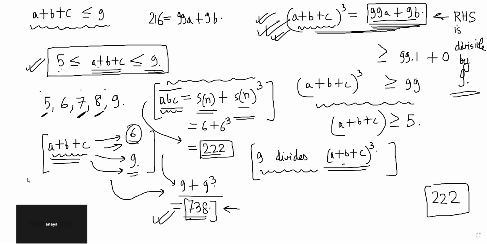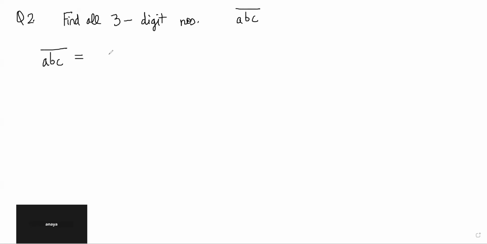Okay. The next question was: find all 3-digit numbers ABC such that ABC is equal to 6 times (A minus B plus C) whole square.